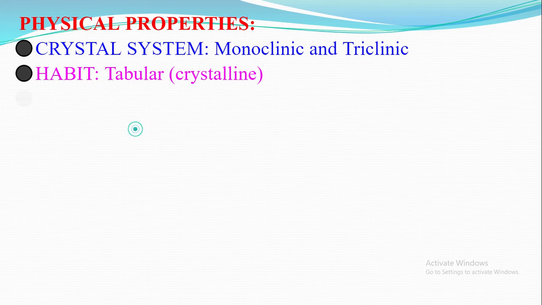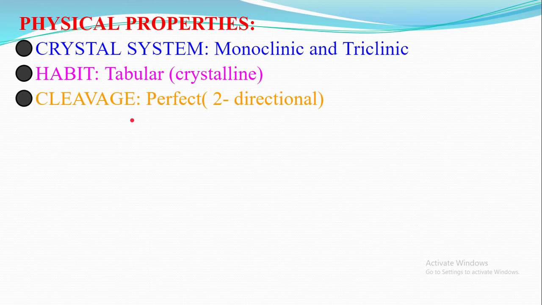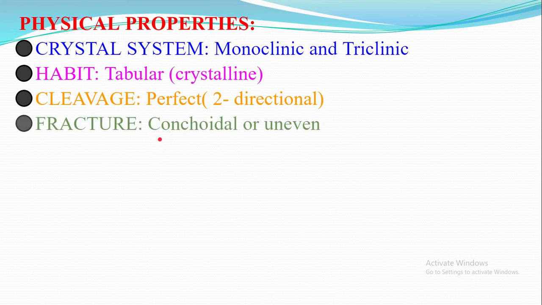We discussed the cleavage: perfect, two directional. You will have planes of weakness in the mineral in two directions which are prominent. Fracture is mainly uneven, sometimes concave, but uneven means the surface is rough and irregular.